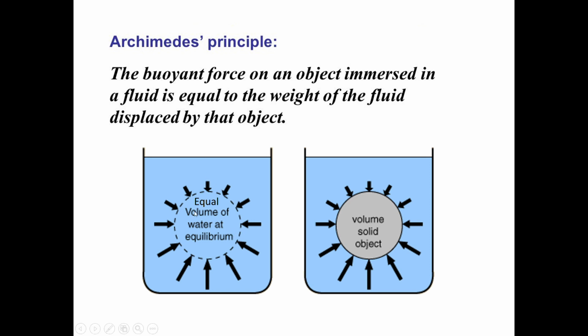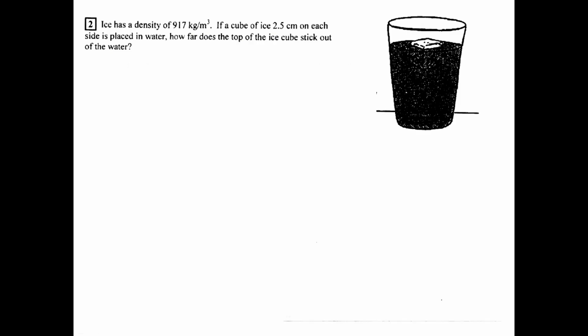The buoyant force in this case is exactly the same as the buoyant force over here because the pressure is the same everywhere on the outside of the volumes in those two cases. So therefore, the buoyant force is equal to the weight of the water that must have gotten pushed out of the way. That's the derivation, or intuitive idea, of how to think about Archimedes' principle.